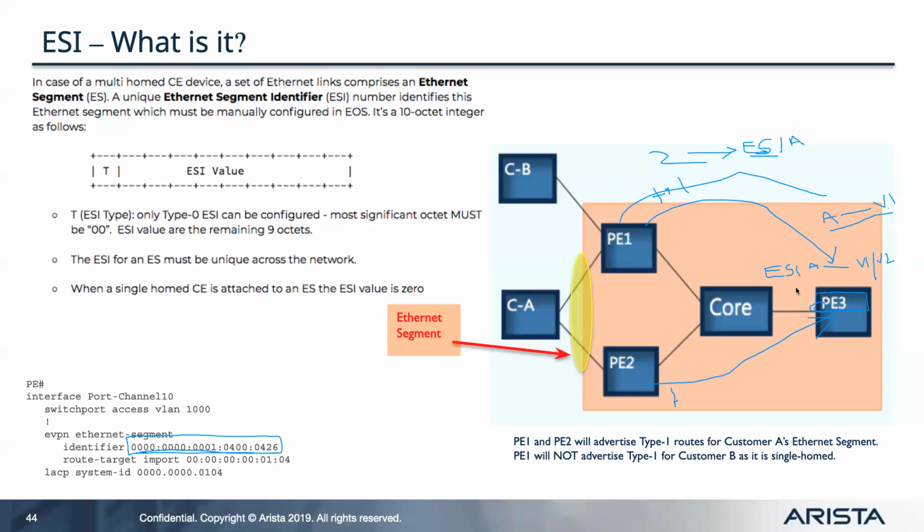You get another information that, hey, ESI A is common to VTEP 1 and 2. So if you combine both of this information, what you will get finally is that to reach MAC A, right, you have two paths, VTEP 1 and VTEP 2. So this PE3 or VTEP 3 can load share. Is it clear? Any question?